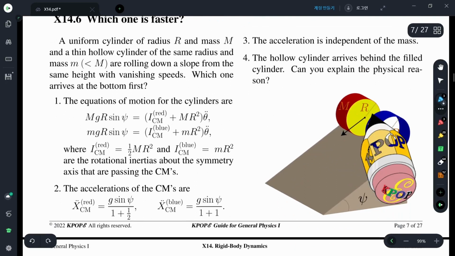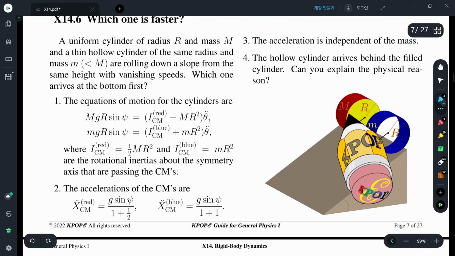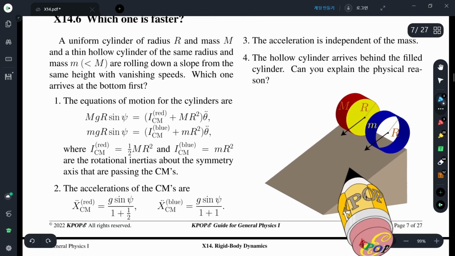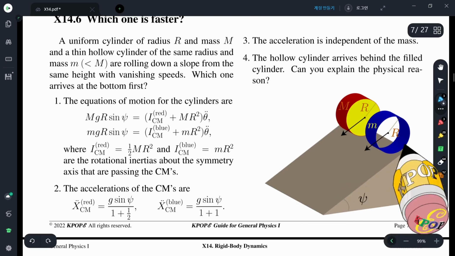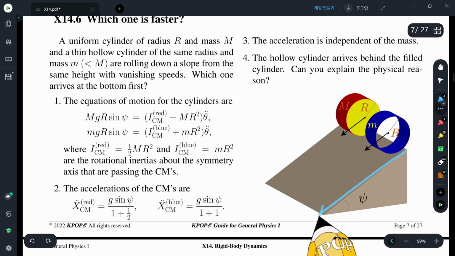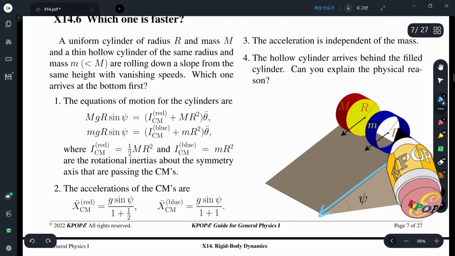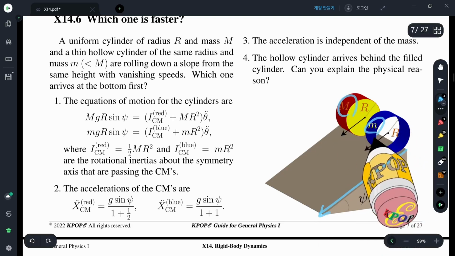We can apply the same method, or in the general case, why don't we compare the time for travel from the top to the bottom for two different objects with different mass.